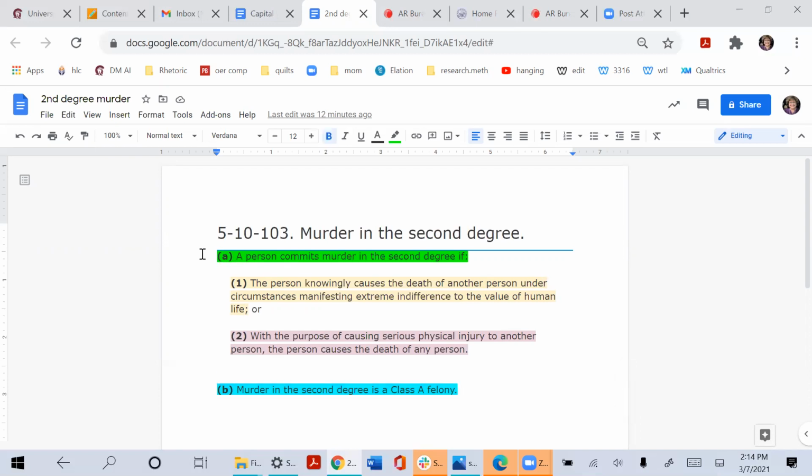There are, as we said, two parts of the murder statute, lowercase a and lowercase b. And they are just totally two different points about it. Lowercase a is the definition of murder in the second degree, and there are two alternatives, and they are linked by or.